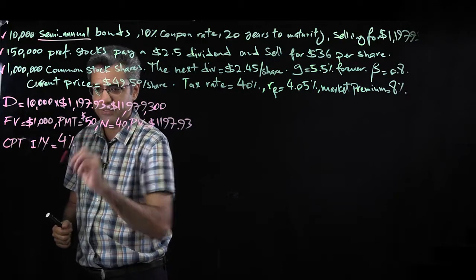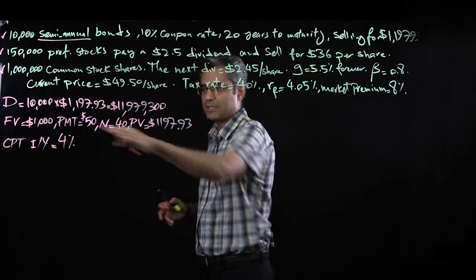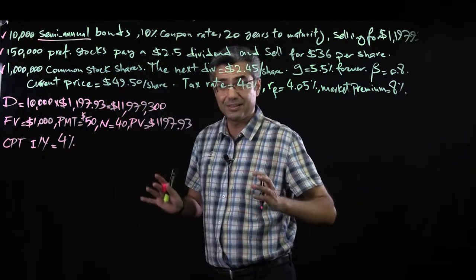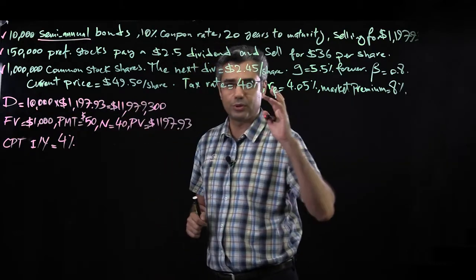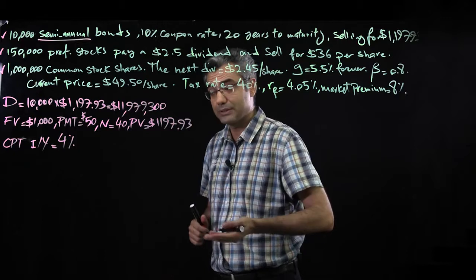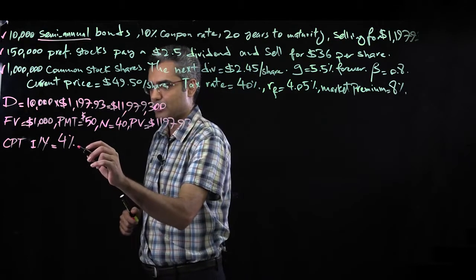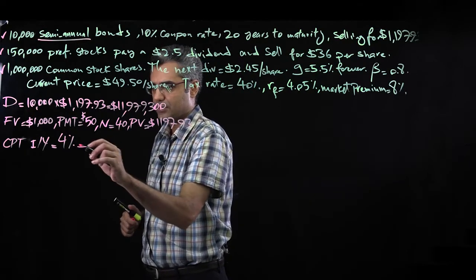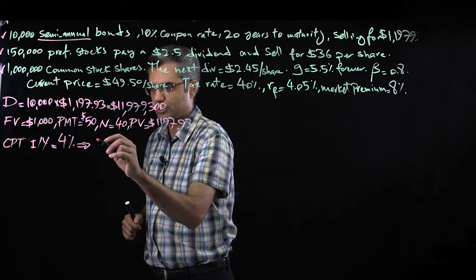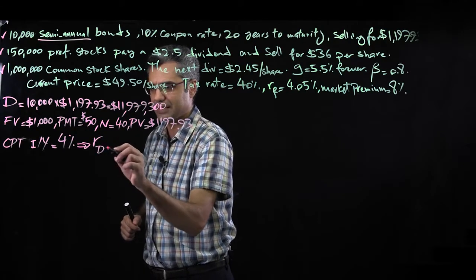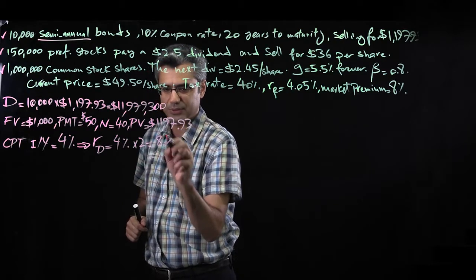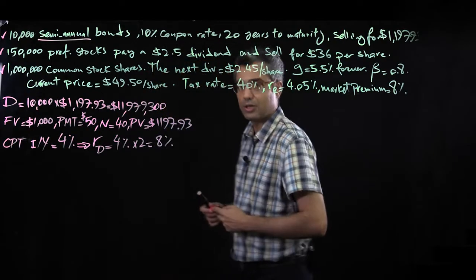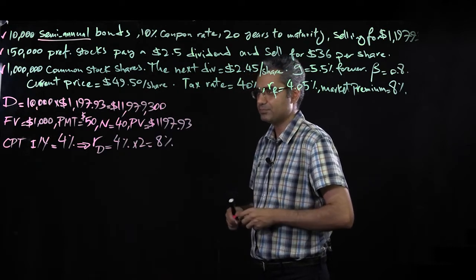But this 4% is per 6 months, because whatever you entered into the calculator was per period. For the cost of debt, we need to report it per year, like yield to maturity. So the yield to maturity, or cost of debt, is 4% multiplied by 2, which is 8%. So 8% is the cost of debt.